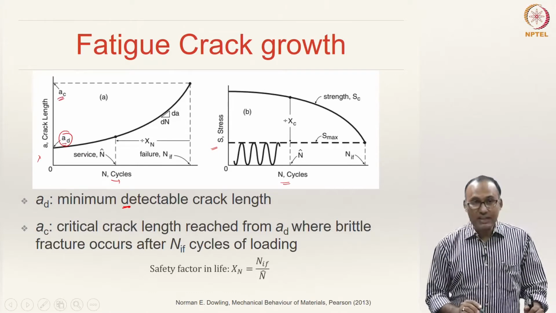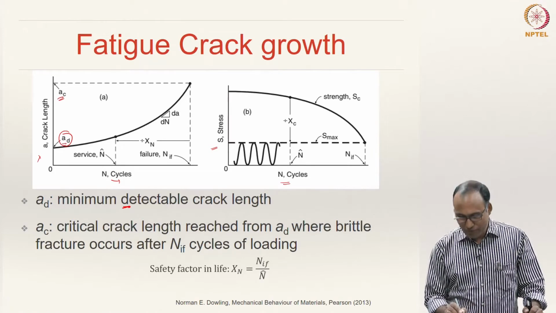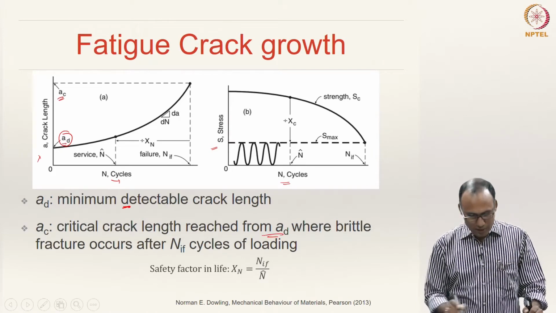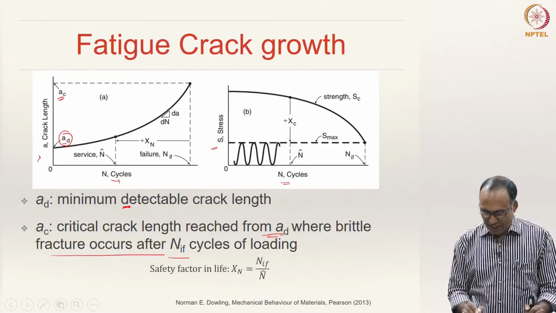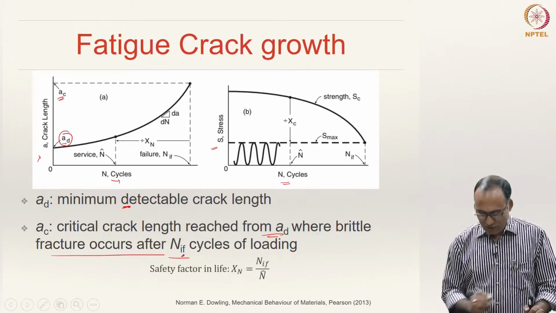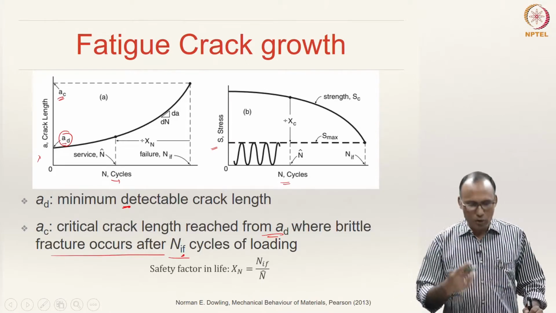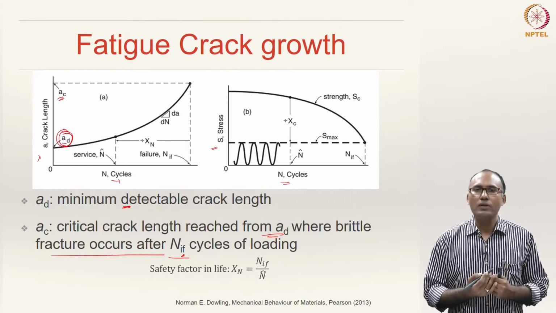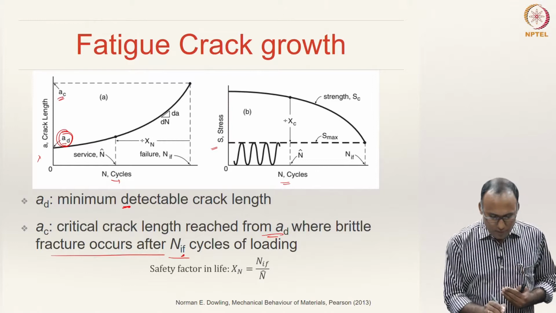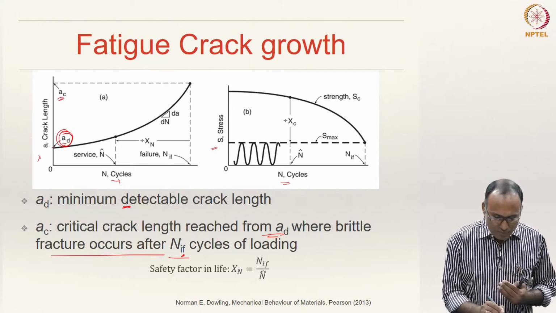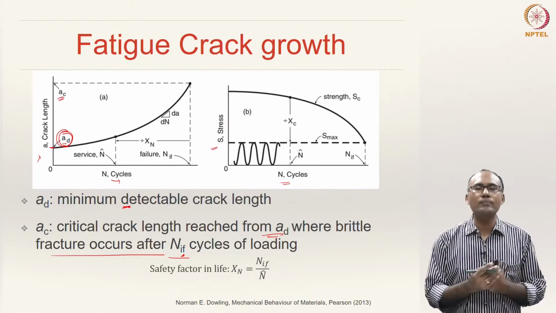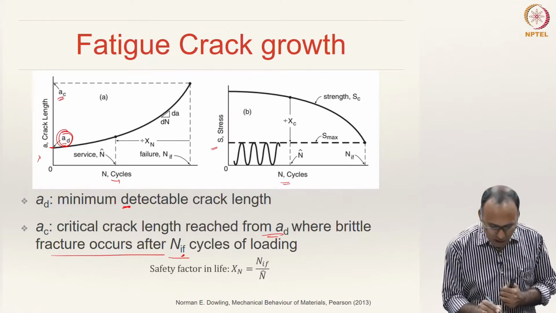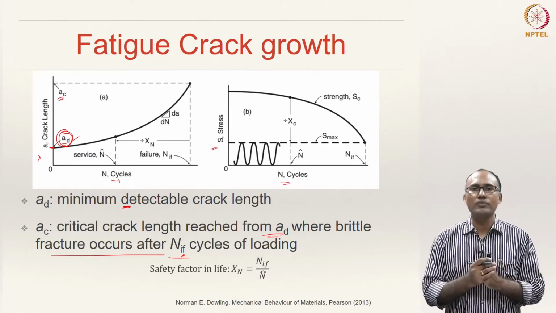AC is the critical length reached from AD, where brittle fracture occurs after NIF cycles. F is failure cycles of loading. So you do not have any crack which is larger than AD in the material to begin with.